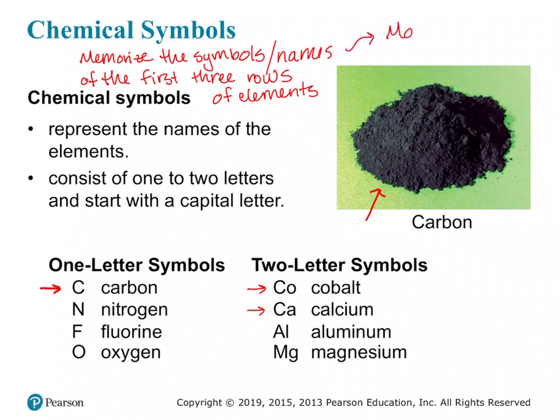So if you look under modules, study guides, there are some flashcards for memorizing the names and symbols of the first 3 rows of the periodic table of elements. And the reason I want you to memorize those is it makes it so much easier when you're taking a quiz or a test to just know those symbols so that you know which element you're looking at.